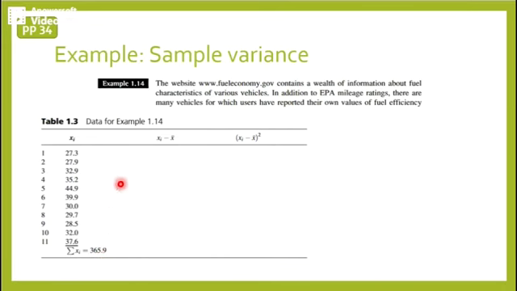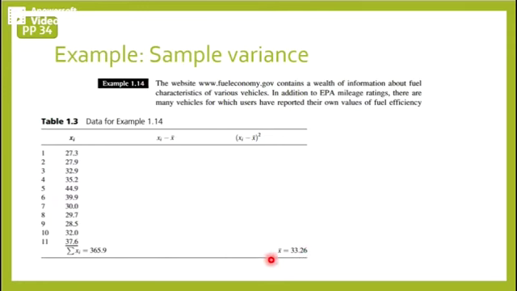The first step will be to calculate the deviations from the mean. But before doing that, we need to calculate the mean, which is the sum divided by our sample size. And that gives us 33.26.